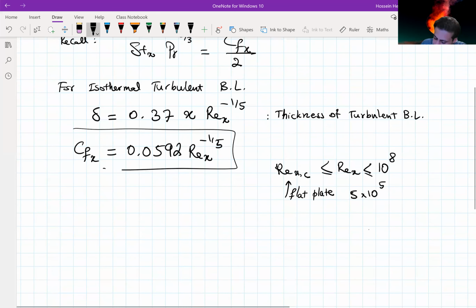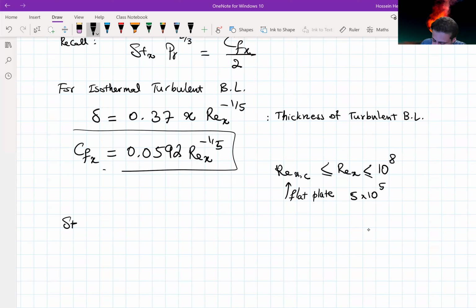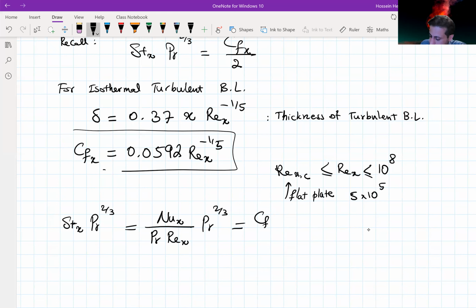Now, starting from the Colburn correlation, the local Stanton number times Prandtl to the power of 2/3, which is the Nusselt number x divided by Prandtl number, Reynolds number of x, Prandtl number 2/3, is going to be Cfx divided by 2.